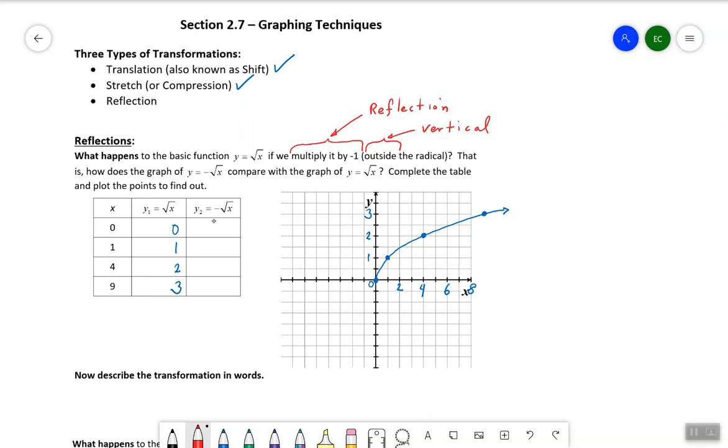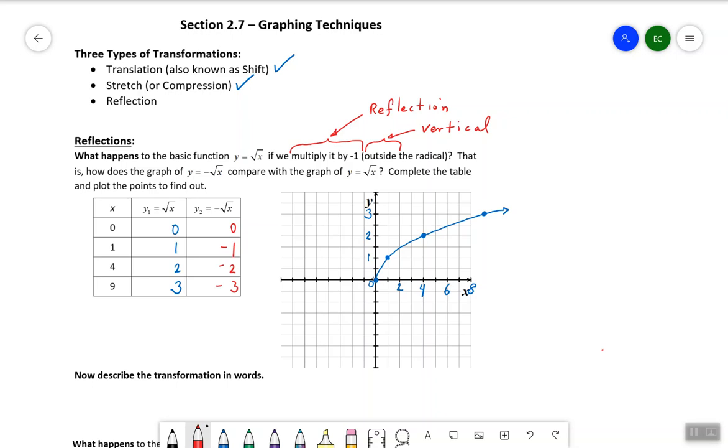I went ahead and completed the table and the graph for the basic function y equals square root of x. And so now for the new function negative square root of x, we just need negative square root of 0, which is 0. Negative square root of 1 is -1. Negative square root of 4 is -2. Negative square root of 9 is -3.